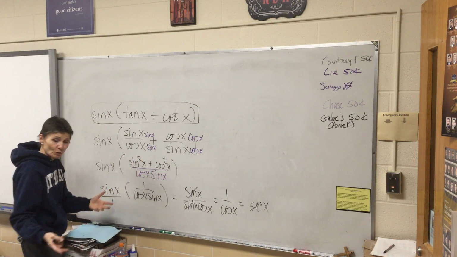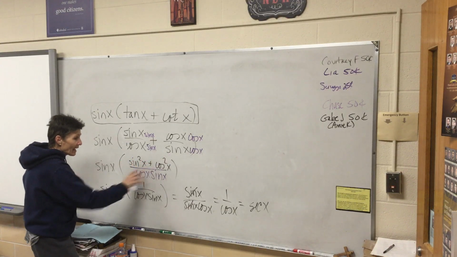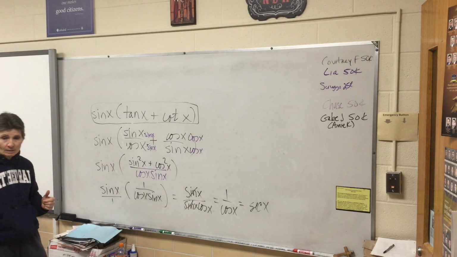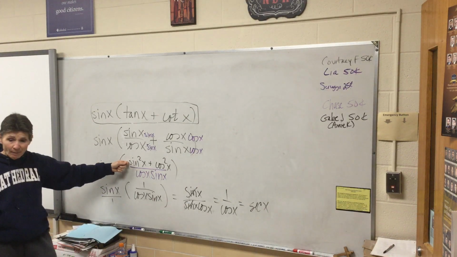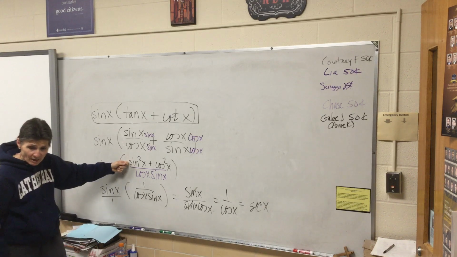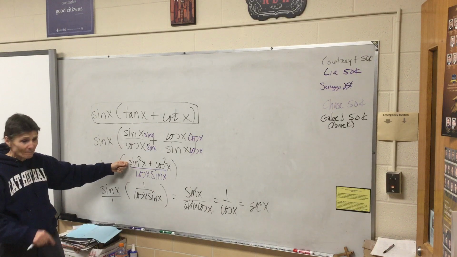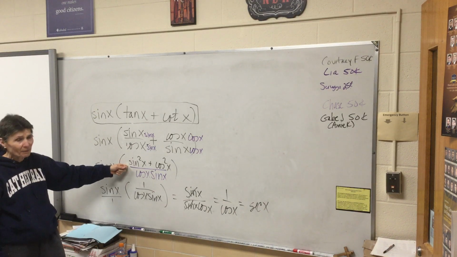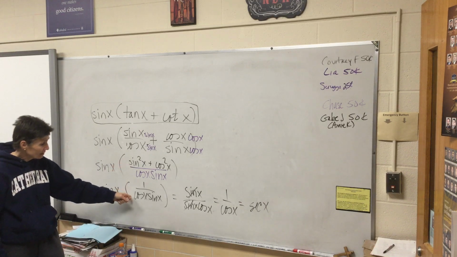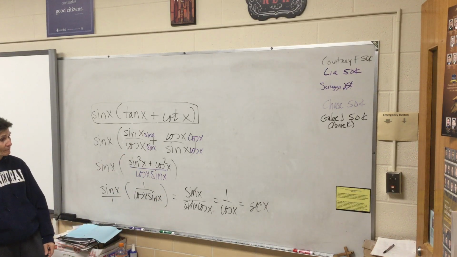So I did what I do with all fractions. I got a common denominator and I added them. As soon as I did that, this popped up. And it's your first day with this stuff, but you really need to remember that sine squared plus cosine squared is 1 because it comes up a lot. And then we just multiplied and simplified.